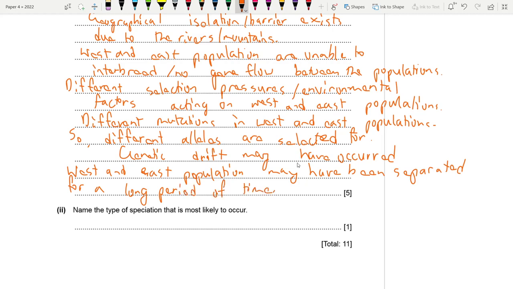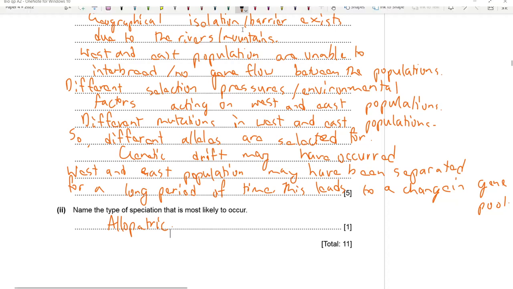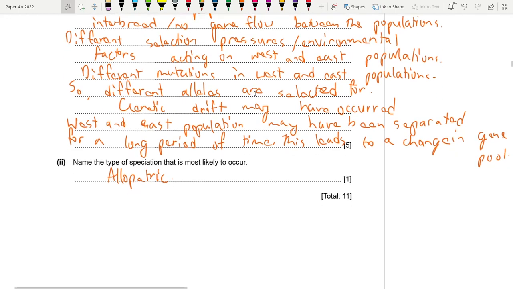So this actually leads to a change in the gene pool. Name the type of speciation occurring. I was telling you guys this is allopatric speciation. So we're seeing allopatric speciation here. They gave sympatric speciation in the February March 2022 variant. Really important for the May June series.